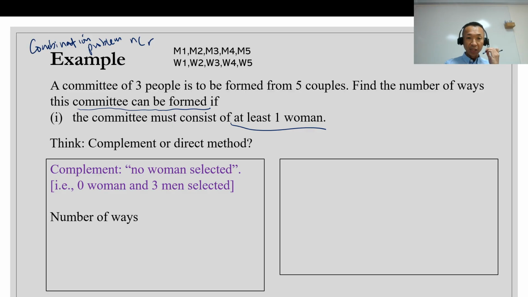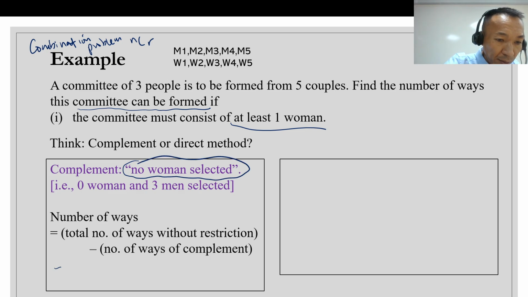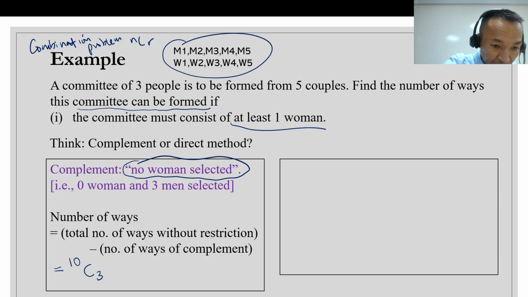So the number of ways is just the total number of ways minus the number of ways of the complement. Essentially, the number of ways of the complement is the number of ways that there are no women selected. So the total number of ways is what? I have 10 people. Out of 10, I choose 3. Correct? There is no restriction whatsoever.